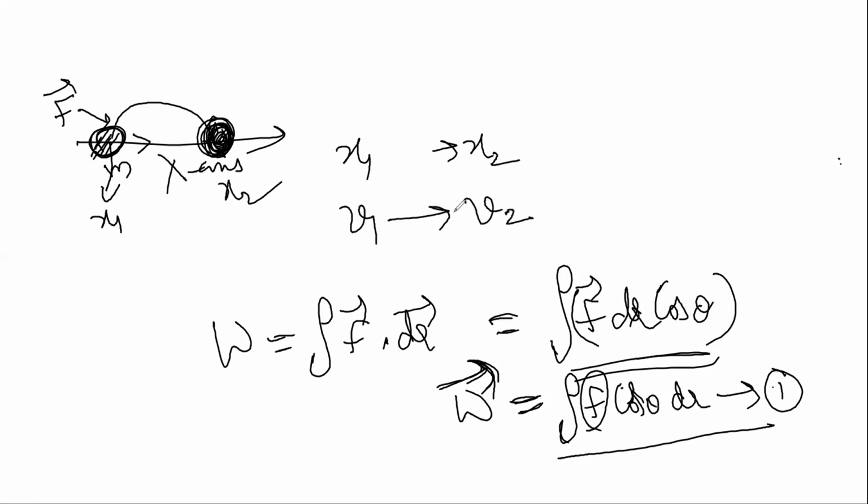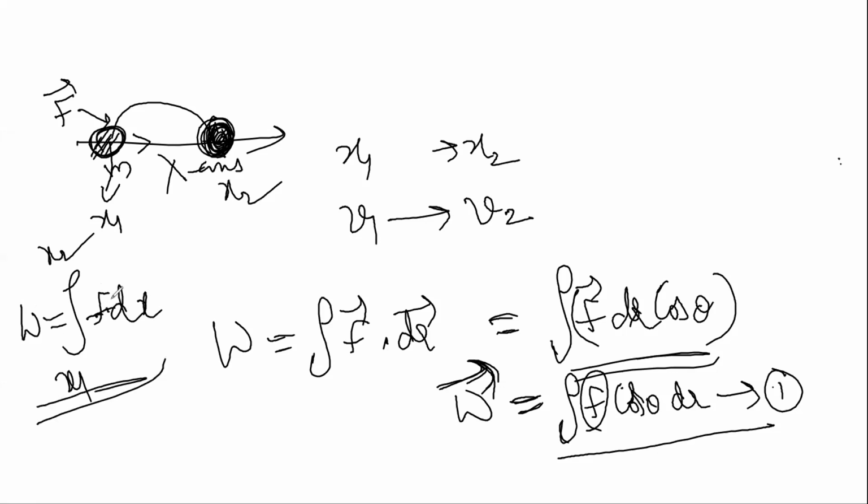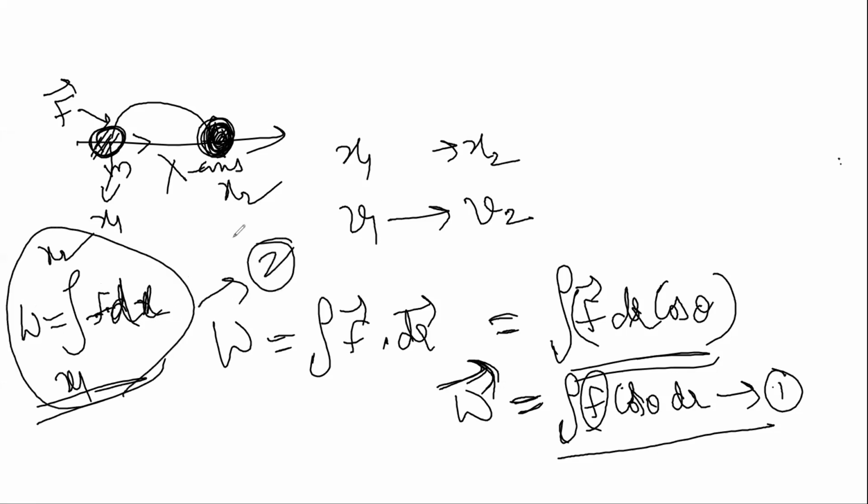The work done by the force in displacing it from x1 to x2 is integral F dot dx, that is, force into displacement, F dx. Let me call this equation 2.